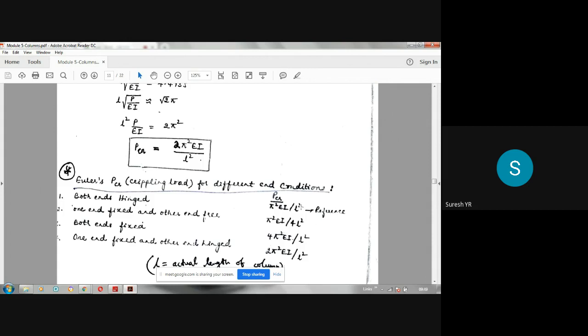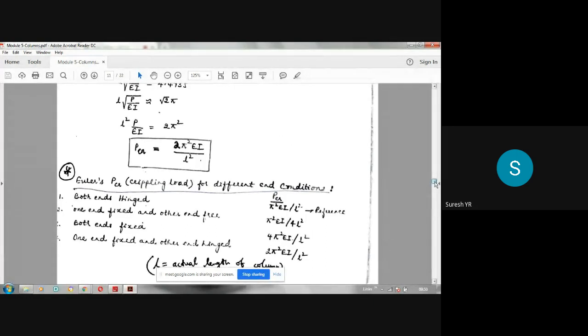For the both ends hinged case, capital L is equal to small l. That means the effective length of the column is equal to the actual length. Keeping that as reference, we can get the values of capital L for other end conditions.